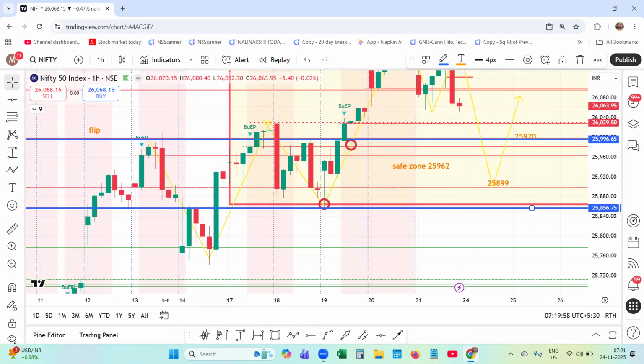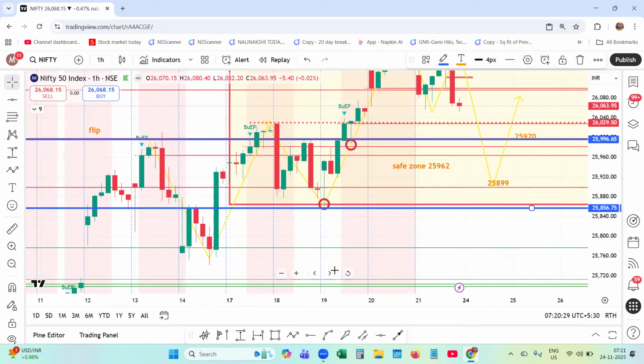Because from this area, when it acted as a support and this candle has pierced through, you can remember this episodic pivot. The candle on that day, huge candle, 100 points candle, piercing through, and this is the next level, 25,850.